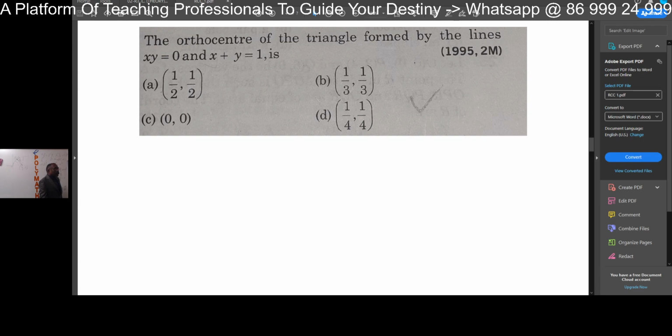In a right angle triangle, xy is equal to 0, x plus y is equal to 1. I think you have noted the problem. I'll explain on the board.